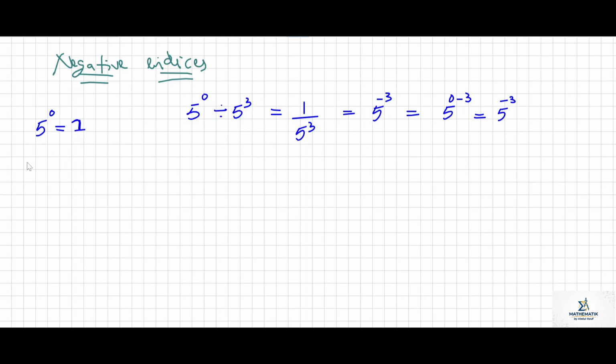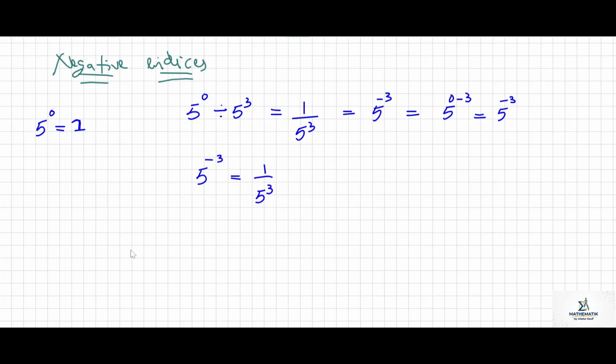Every positive number with power 0 is 1. But don't think about 0. So 5 raised to negative 3 is 1 divided by 5 raised to 3.